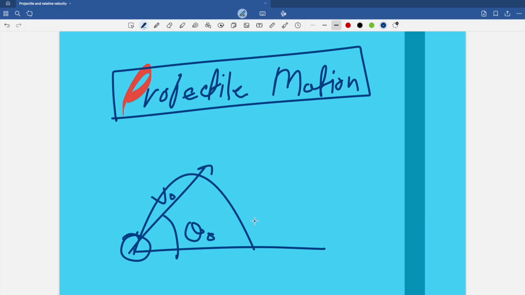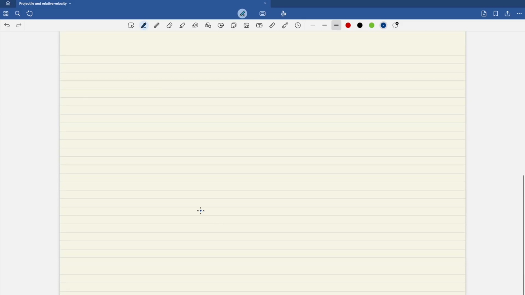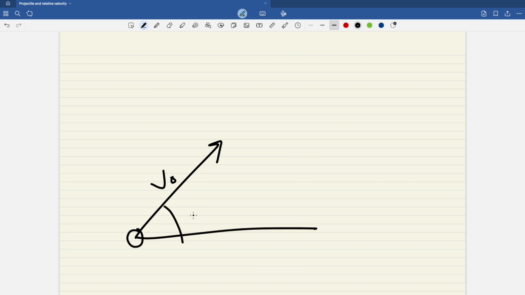Let us go a little bit further. An object is thrown with a velocity v0 along a theta naught angle with the horizontal, and it created a curved trajectory.